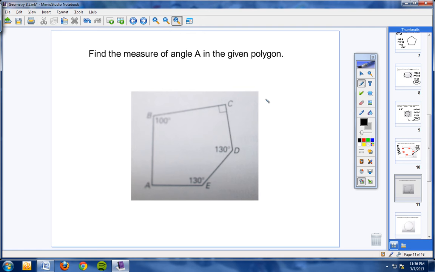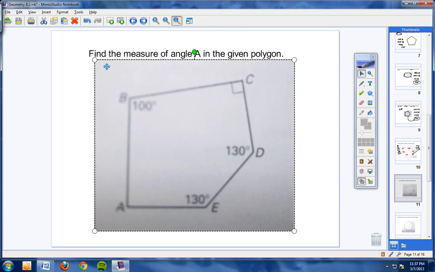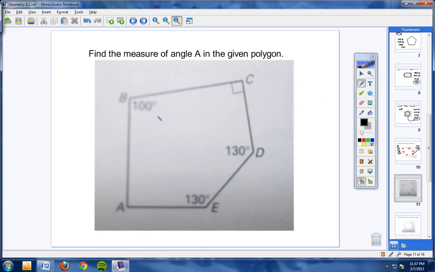Now I do want to show you one quick thing. I'll make it a little bigger for you here. I want to point out that we have how many sides? 1, 2, 3, 4, 5 sides. So we have a formula that helps us know what all of these angles should add up to, but I don't think you need that formula.